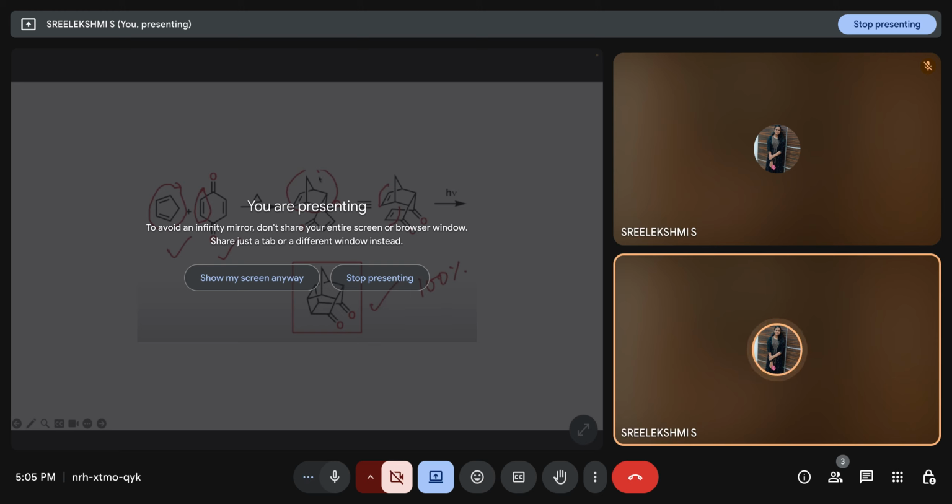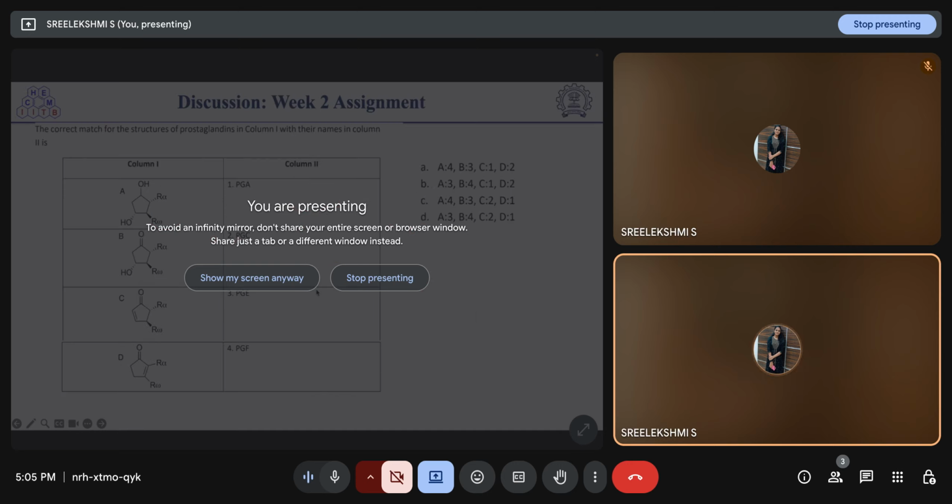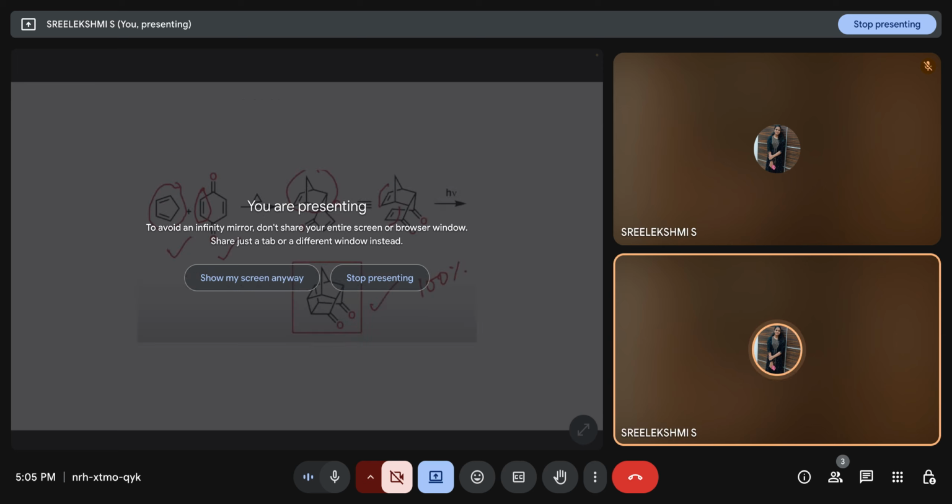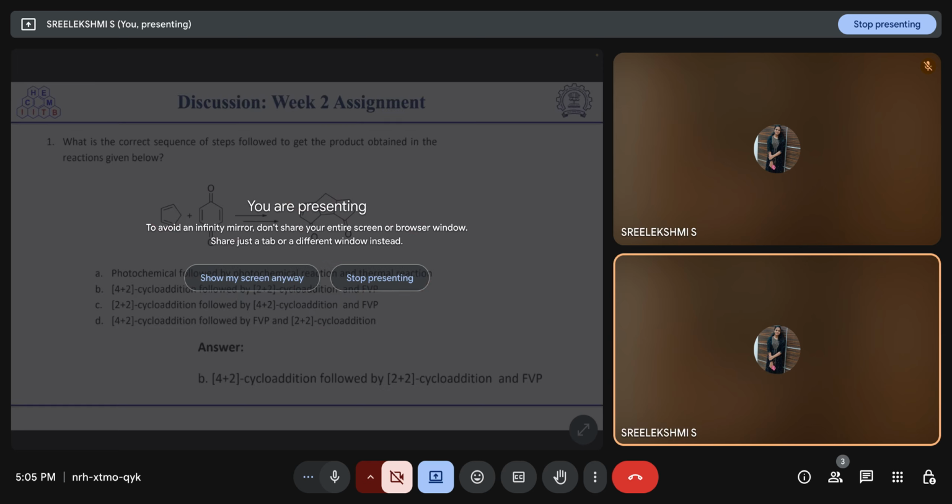If we redraw this structure into this form, this is a 2 pi electron system, this is a 2 pi electron system, so this 2 plus 2 cycloaddition will happen in the presence of h nu to form this compound. So that will be the correct answer: 4 plus 2 cycloaddition followed by 2 plus 2 cycloaddition and FVP.